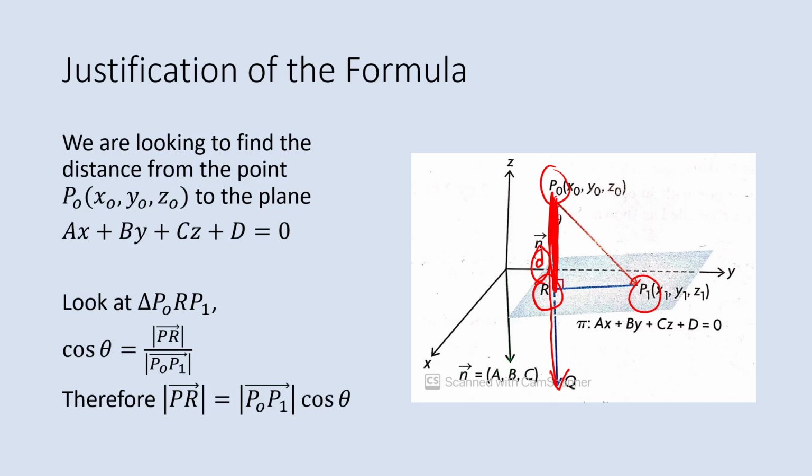Using SOHCAHTOA, we can say that the cosine of this angle right here is equal to the adjacent, which is this segment right here, the magnitude of P naught R, over the magnitude of the hypotenuse, which is the magnitude of P naught P1. And then just multiplying both sides by the magnitude of P naught P1, we get that the magnitude of P naught R equals the magnitude of P naught P1 times the cos of theta.